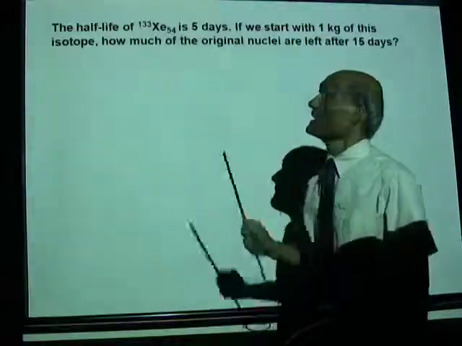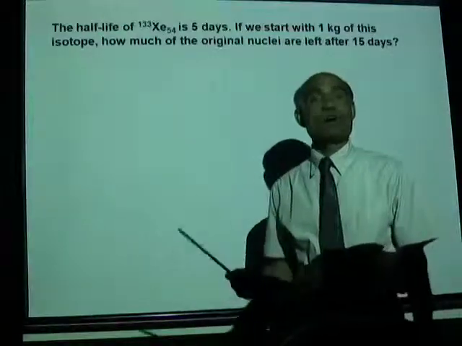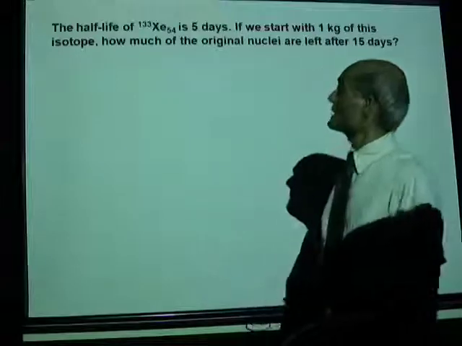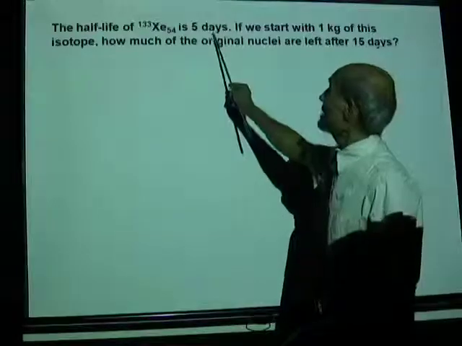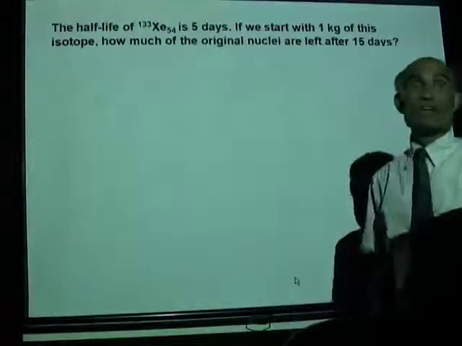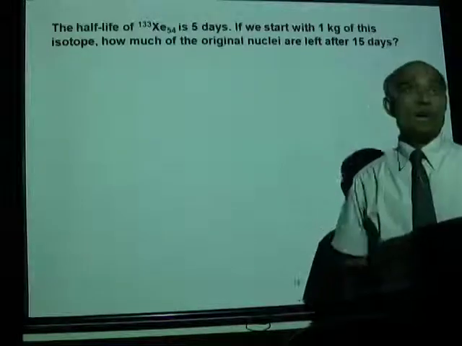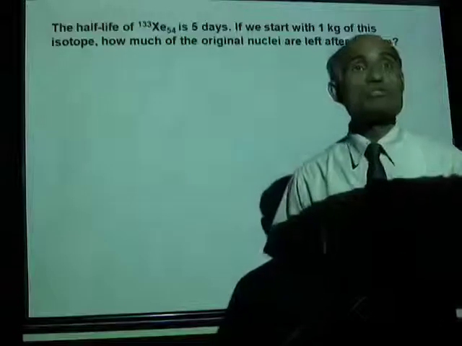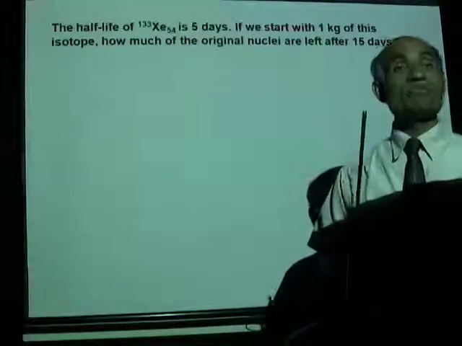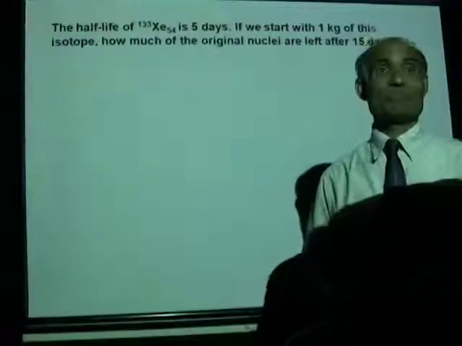So that is a radioactive isotope of that noble gas, xenon. Its half-life is 5 days. If we start with 1 kilogram of this isotope, how much of the original nuclei are left after 15 days?